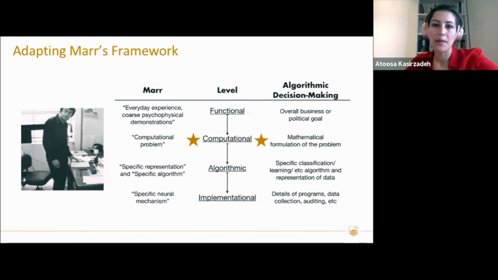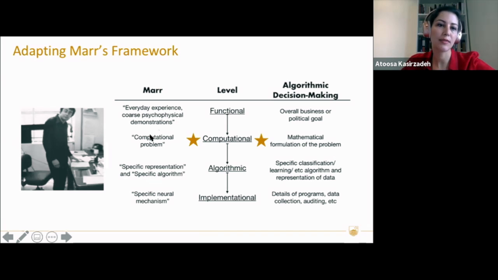The second level is called the computational level, and basically it has to do roughly with the computational problem, or another way to put it is the mathematical formulation of the problem. So the idea here is that any automated decision-making project can also be understood as attempting to perform a certain mathematical task. To determine which loans to make might require the simultaneous optimization of one or more equations, or recognizing objects in pictures is formally equivalent to untangling manifolds in a very high dimensional space.